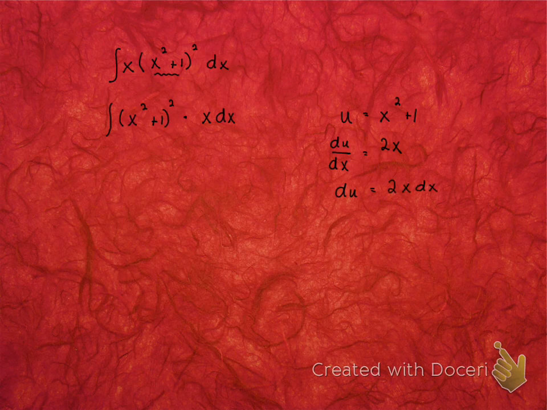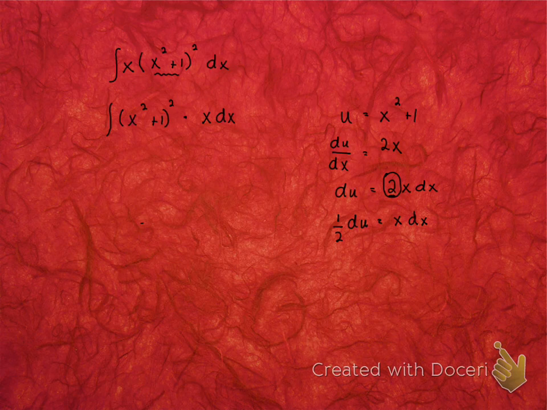But notice, we have a 2 in front of our x dx, and the one in the problem does not. So what we need to do in order for our du to match x dx, we're going to divide away that 2. Now, let me tell you, you are allowed to divide away a number. You are never, ever allowed to divide away an x term.